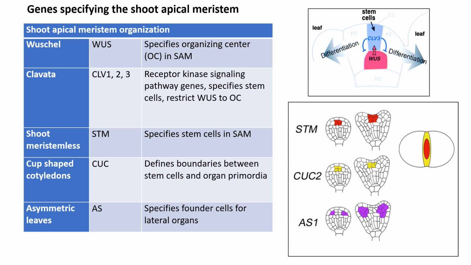So you see that the shoot meristem-less genes define the meristematic region in the SAM. The cup-shaped cotyledon genes define the boundaries between the organs and the shoot apical meristem. And the asymmetric leaf genes define the organ identity.